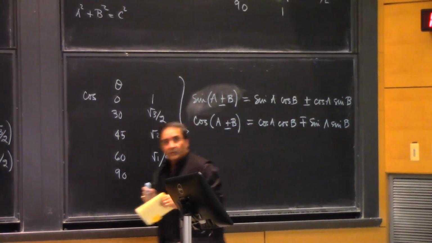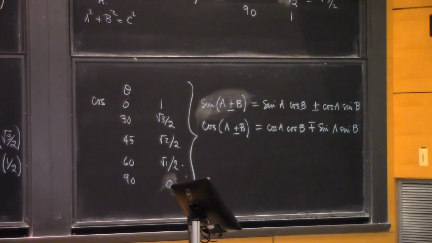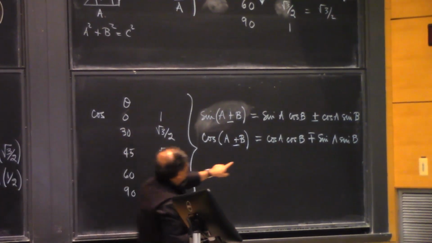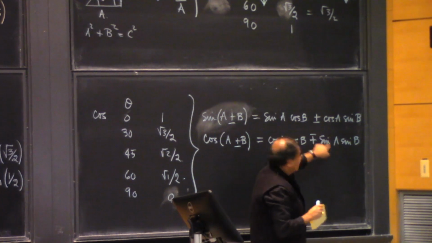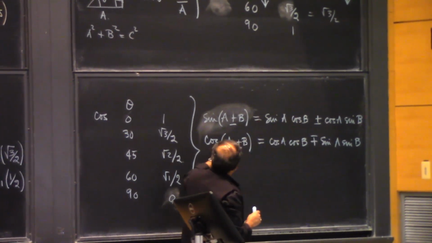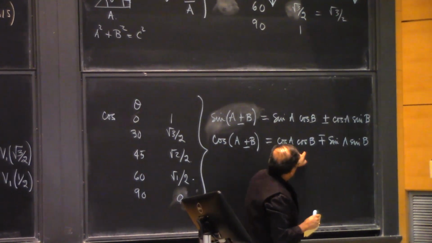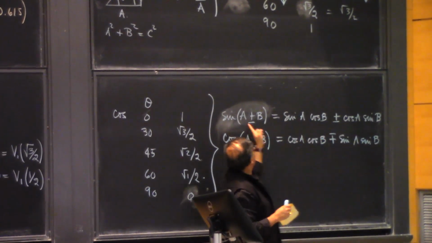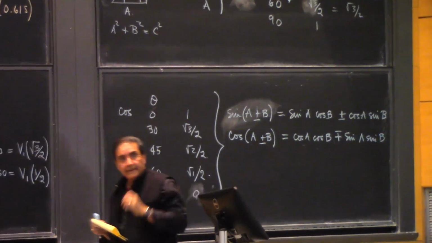So cos A plus B is cos A cos B minus sine A sine B. But cos A minus B is cos A cos B plus sine A sine B. That's what this flipped sign means. This means they are synchronized. Okay?